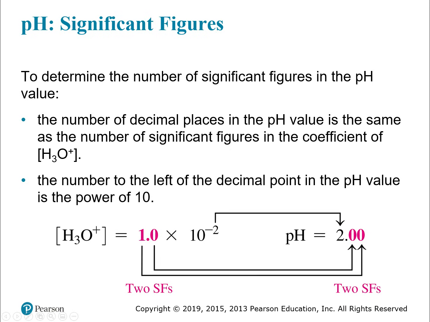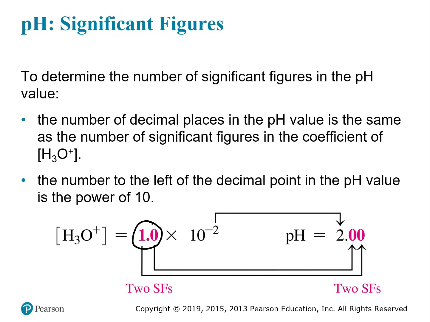We have a concentration of 1.0 times 10 to the minus 2 molar. That's our hydronium concentration. This 1.0 tells us the number of sig figs in the concentration that we have. That's what the coefficient does in scientific notation, right? So we've got 2 sig figs here.